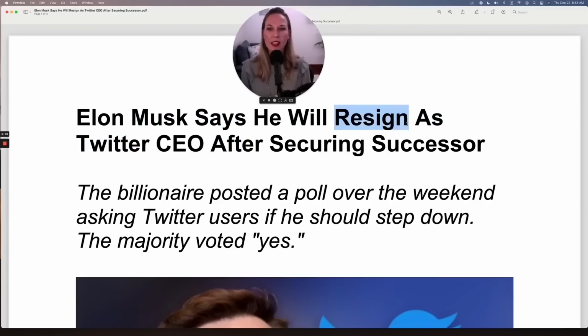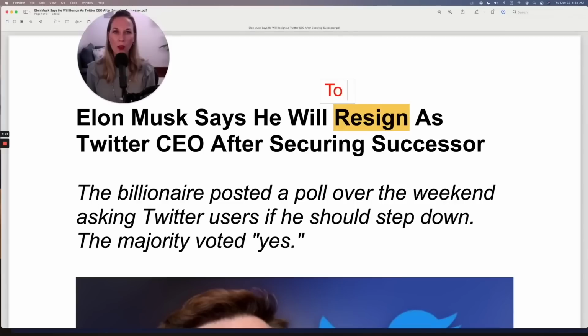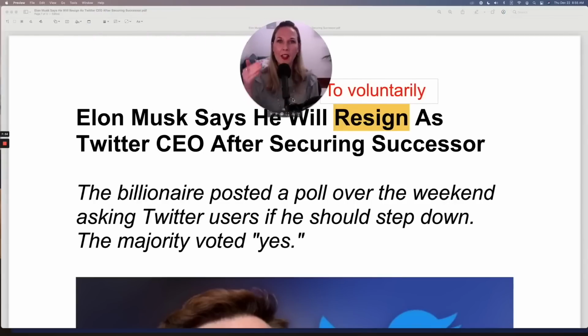All right, going back to our headline. Resign. This is very important to the topic of the article. So to resign, this is a verb, and this is a way of saying that you quit. You voluntarily leave your position. It's just a more formal way of saying that. Let me write this for you. So it is to voluntarily, which means you chose to. Nobody said you must leave your job.